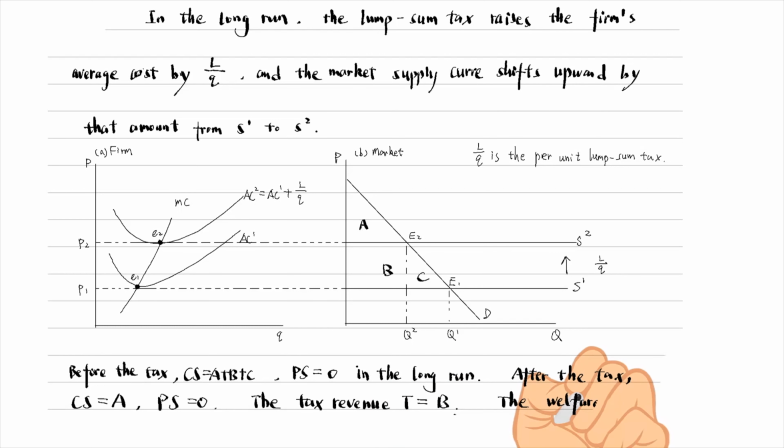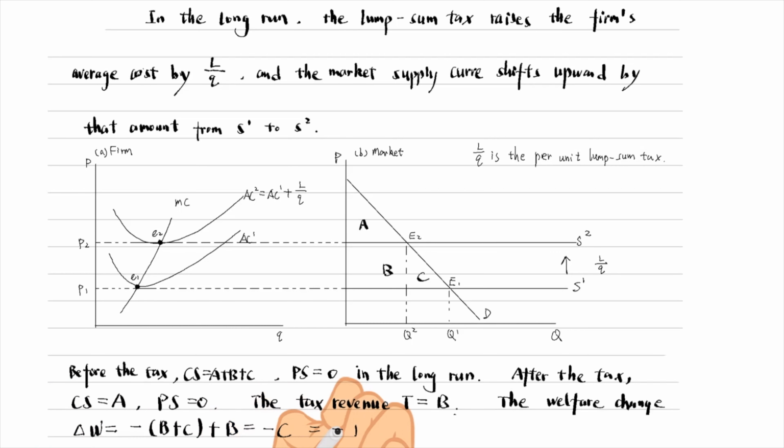The welfare change is minus C, the wedge between the two supply curves. It equals the per unit lump sum tax times the reduction in quantity divided by 2. It is also known as the deadweight loss.